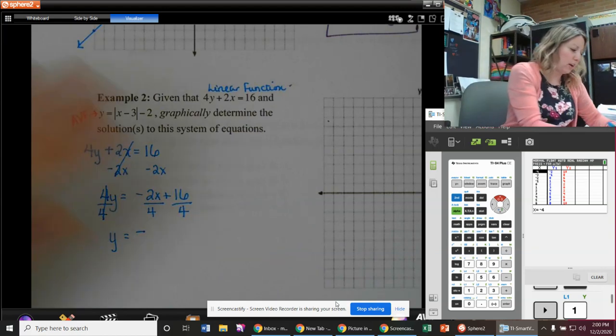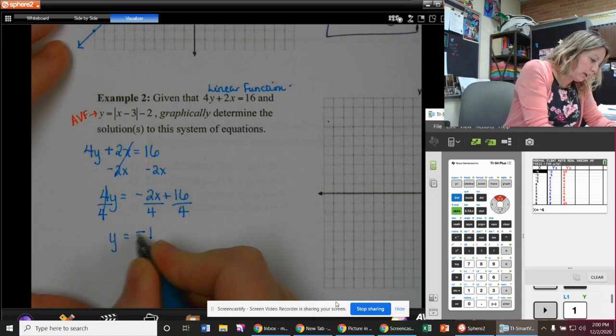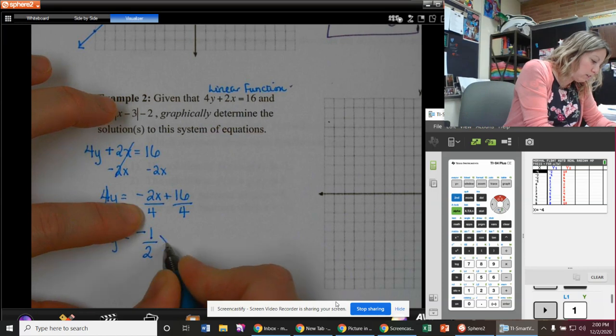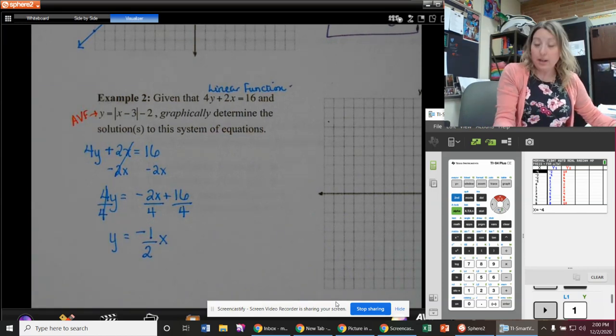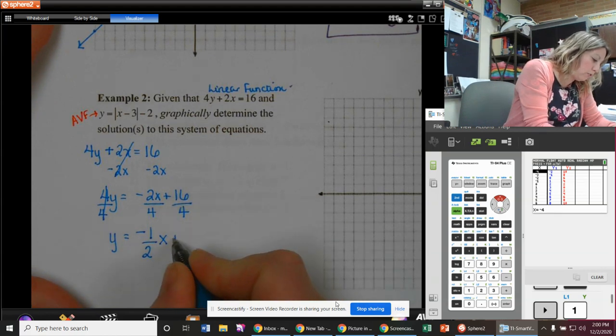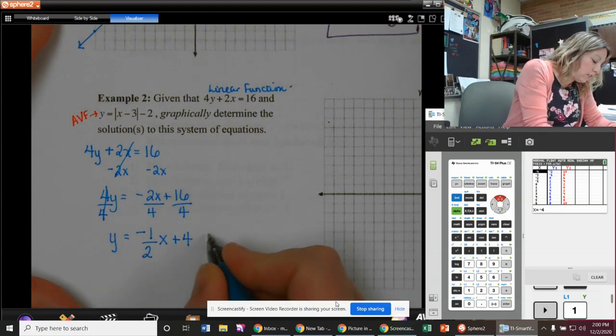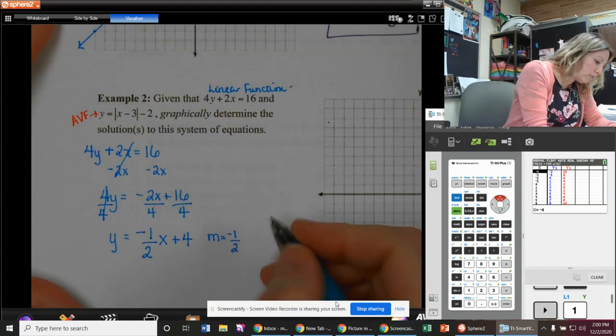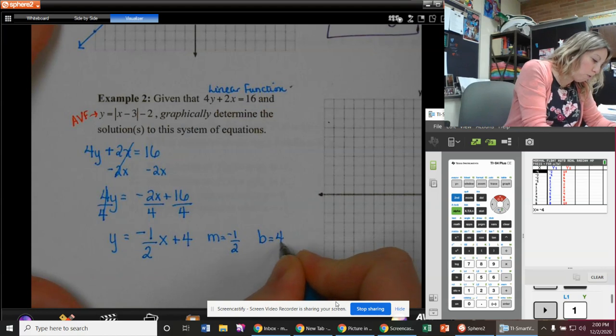Negative 2 divided by 2 is 1, so negative 1 on top, and 4 divided by 2 on the bottom is 2, so this is a negative 1/2 x, or a negative 1/2 slope. 16 evenly divides by 4, it leaves me a positive 4. So my slope is negative 1/2, or down 1, right 2. And my y-intercept is 4.